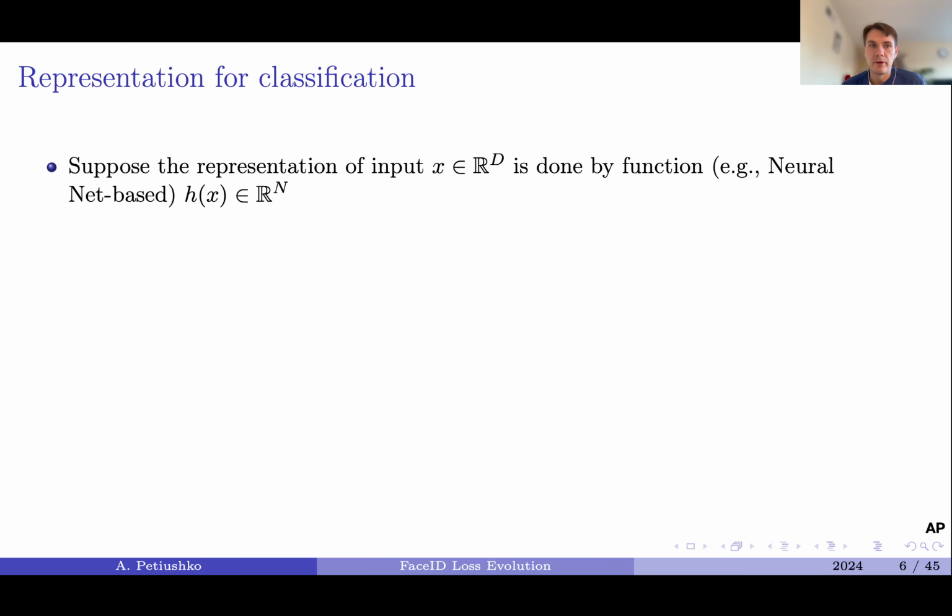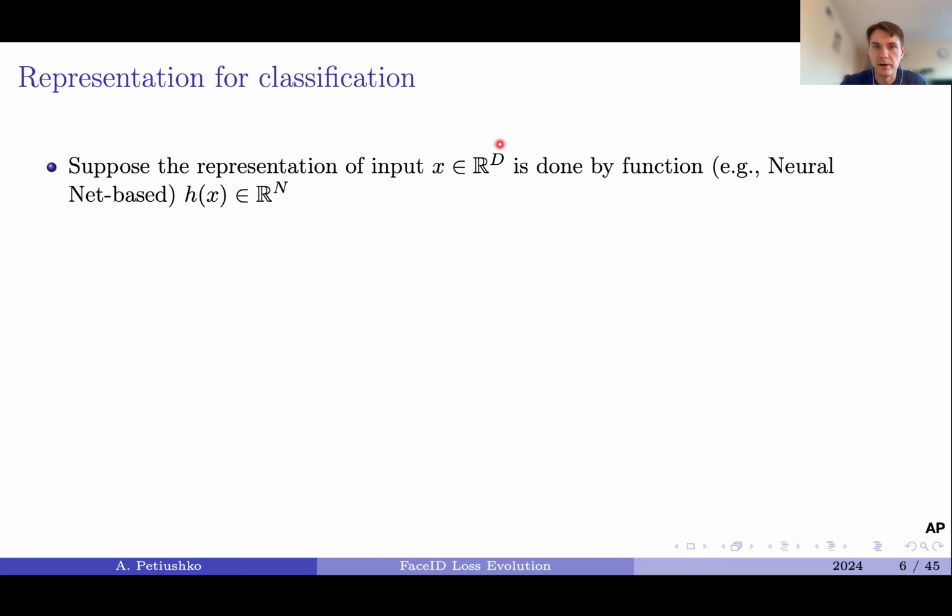Okay, let's move further. Suppose we have the initial representation x in R^d, and it is done by some function. Let this function be, in our case, a neural net. It doesn't matter. And this representation h of x is from R^n.